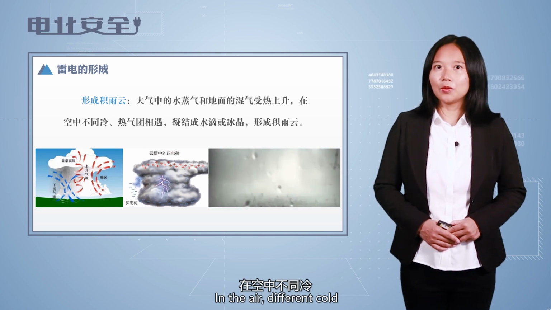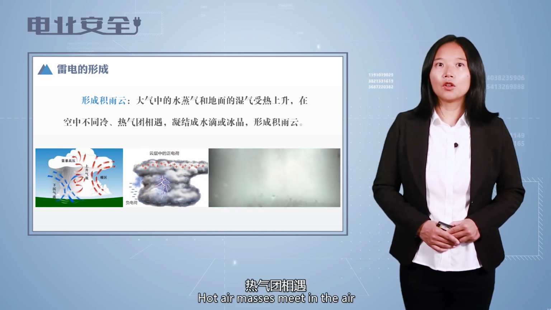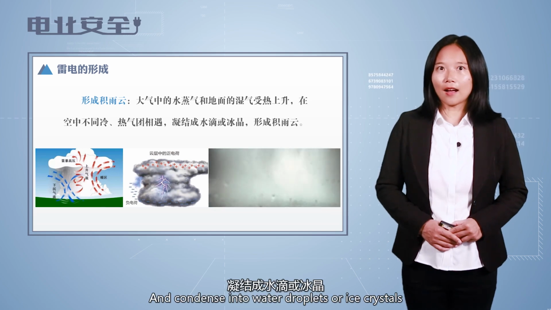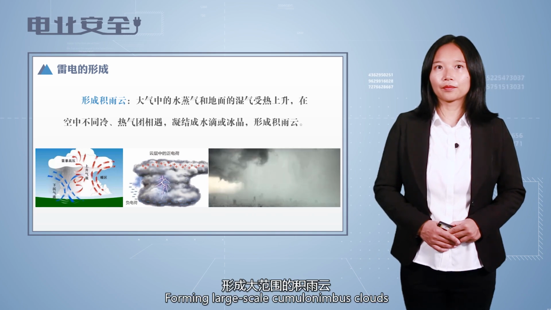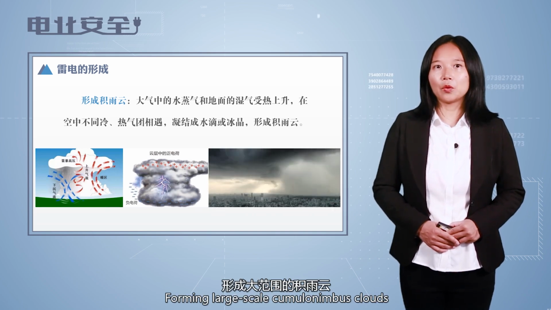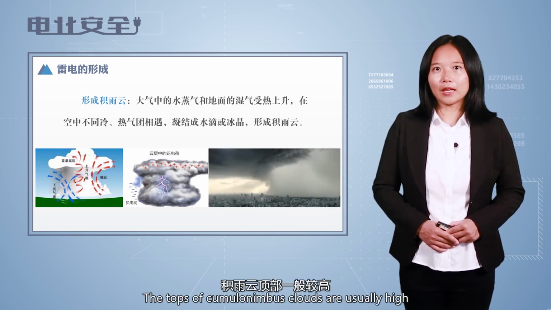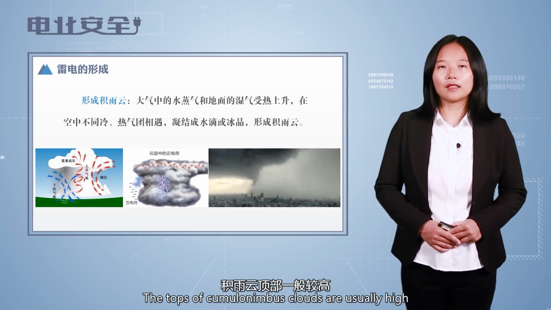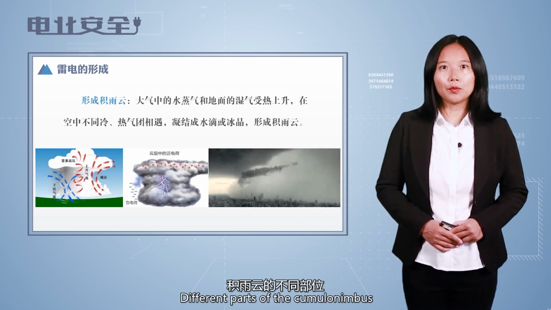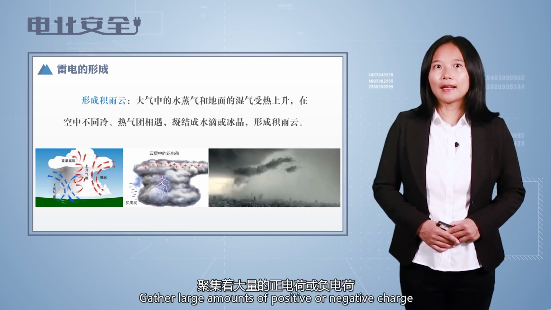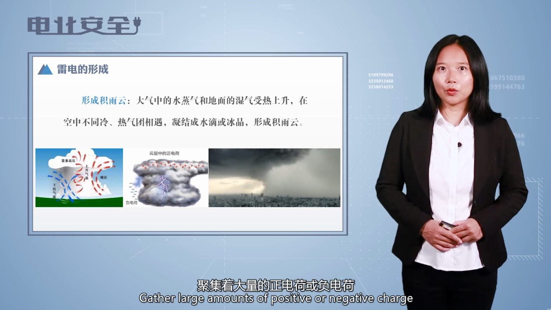In the air, different cold and hot air masses meet and condense into water droplets or ice crystals, forming large-scale cumulonimbus clouds. The tops of cumulonimbus clouds are usually high, up to 20 kilometers. Different parts of the cumulonimbus gather large amounts of positive or negative charge.